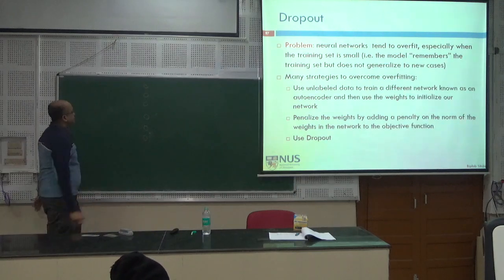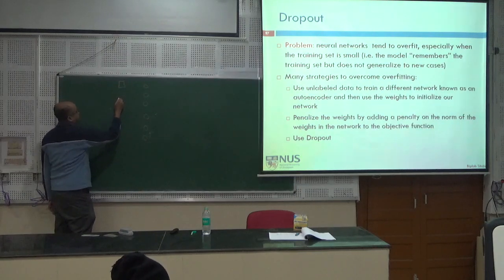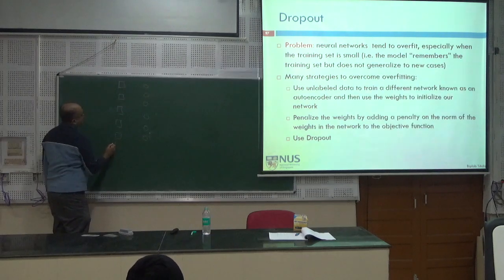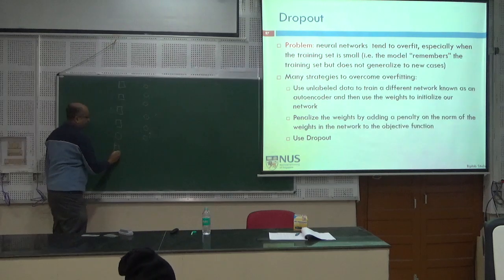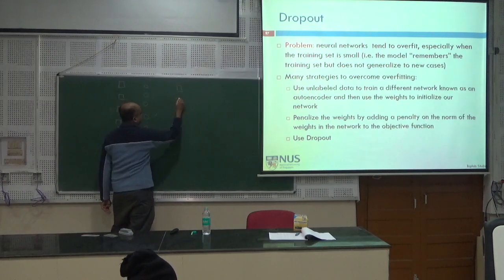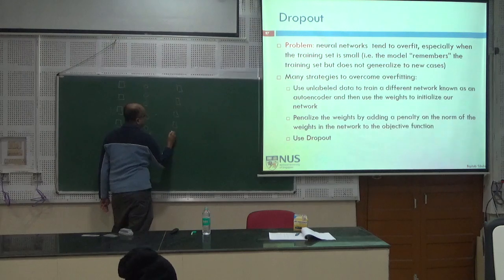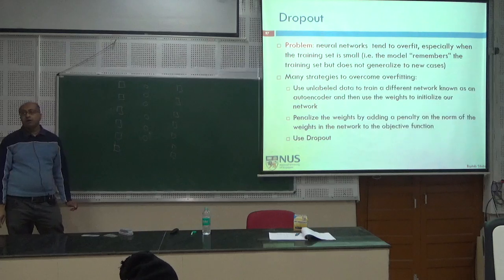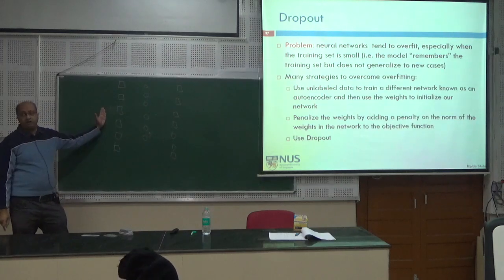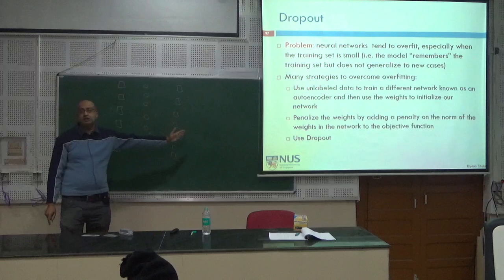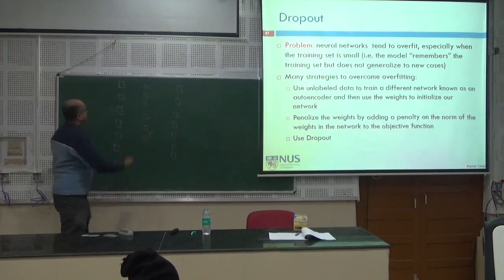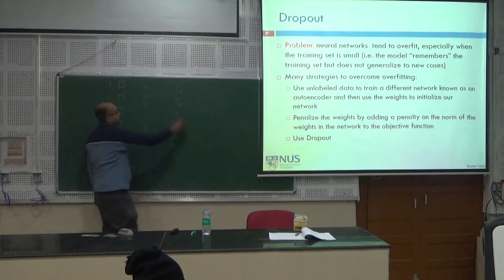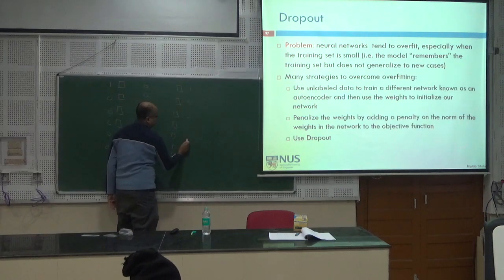What an autoencoder is: let's say I want a 3-bit autoencoder. So I will have 8 inputs and 8 outputs. An autoencoder says, whatever I give at the input, I want to see the same at the output. If I give 1, 0, 0, 0, 0, 0, I should see 1, 0, 0, 0, 0 at the output.